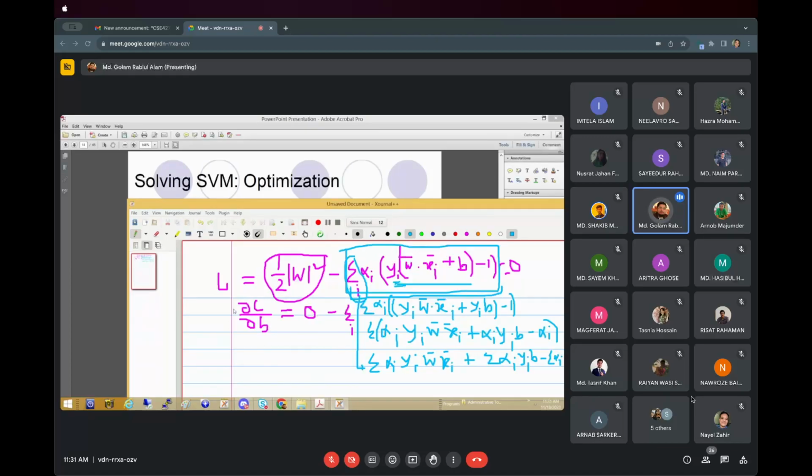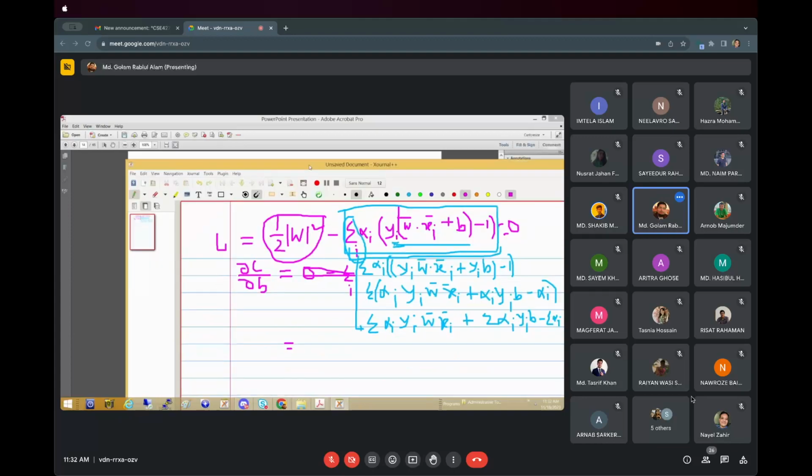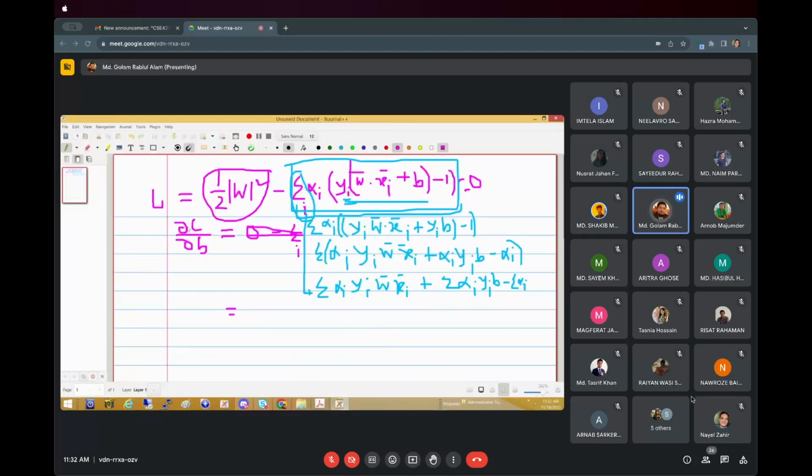So as we are taking the derivative of this equation, L with respect to B, if we write it here, it will be delta L by delta B. So this part is constant, because we are taking the derivative with respect to B. So this part will be 0 minus this.